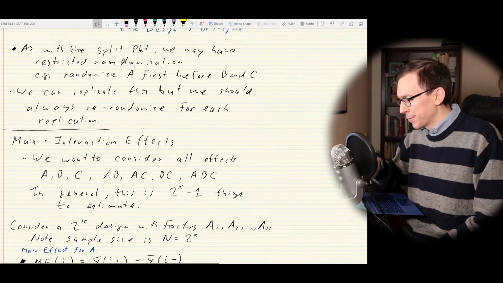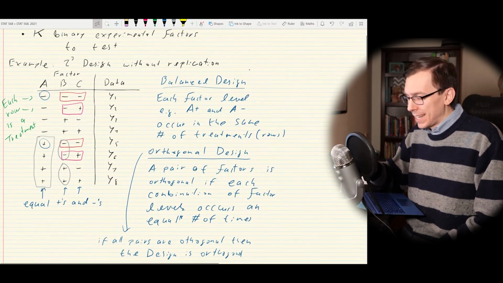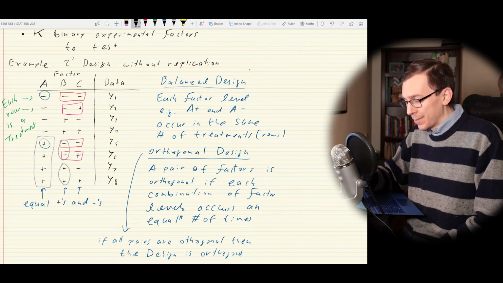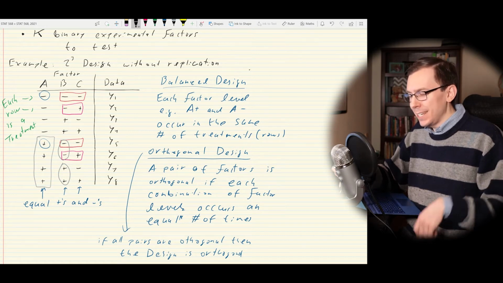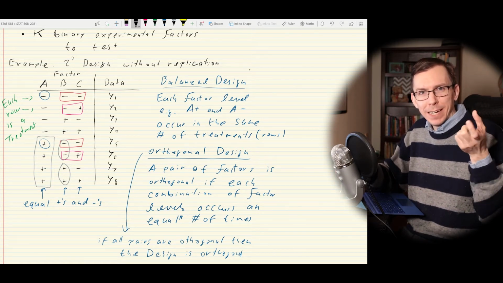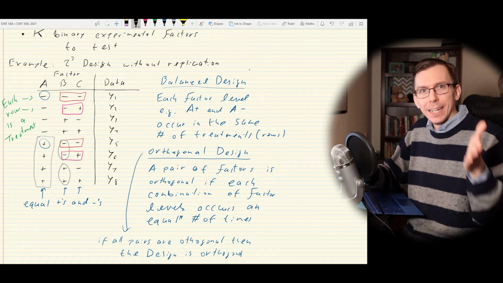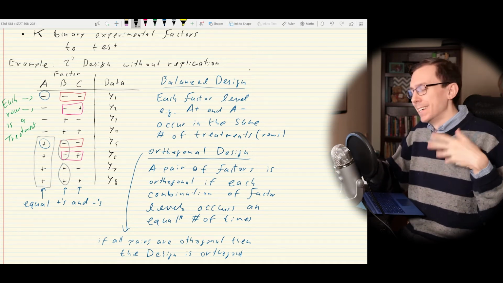That's the fancy math way to write it, but effectively, if we go right back up to that example from the top, there are different ways I can do this. I can take the first half to be minuses and the second half to be pluses, as I do in the A column, or I can alternate 2 and 2 like I do in the B column, or I can alternate 1 and 1 like I do in the C column. So C goes minus plus minus plus minus plus, B is minus minus plus plus minus, and so on.